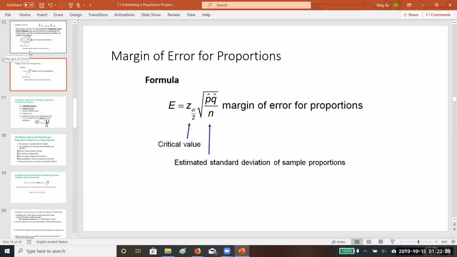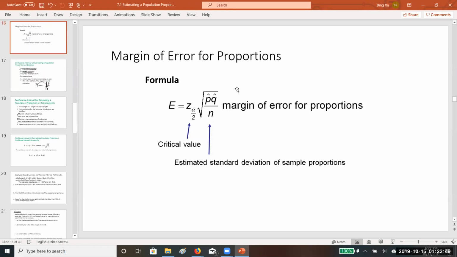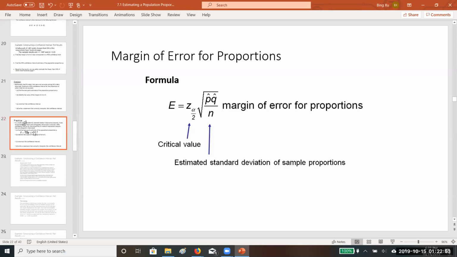Oh, that's great. So, all right. If you want to actually find the margin of error, you have to use this formula, I can write it down here.